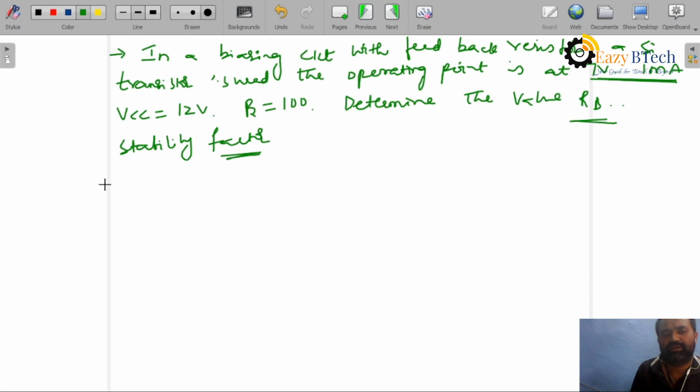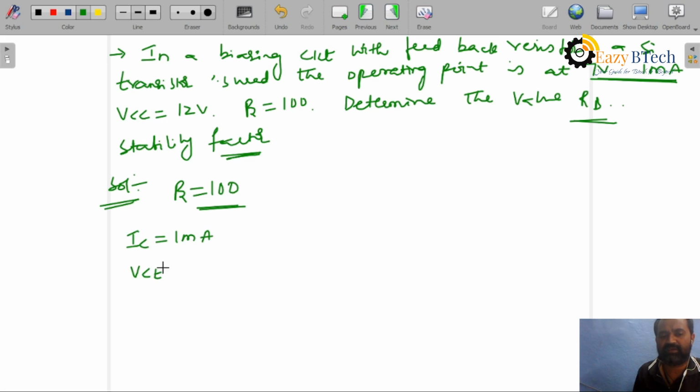Okay, students, you can clearly understand here. It is a feedback resistor, meaning a collector to base bias circuit is used. Beta is given as 100, and the operating point, that is IC, is given as 1 milliampere and VCE is given as 7 volts.